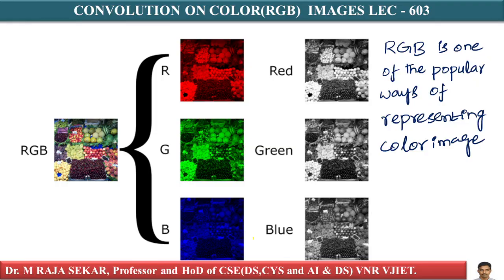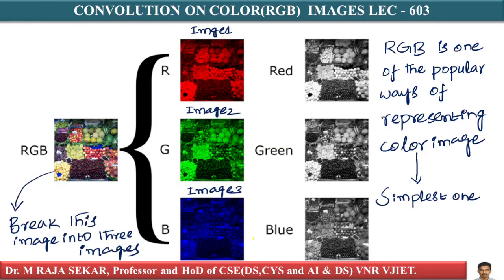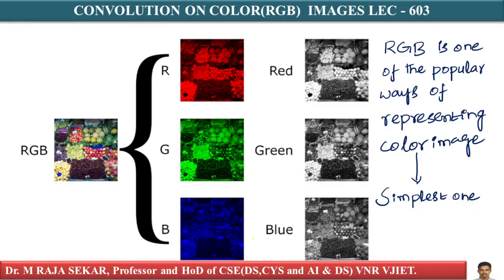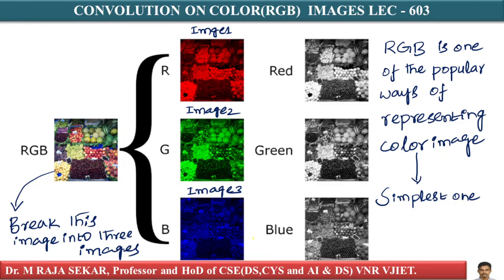In image processing and computer vision, people have come up with many ways of representing images for various purposes. The simplest one is RGB. I am taking this RGB image.